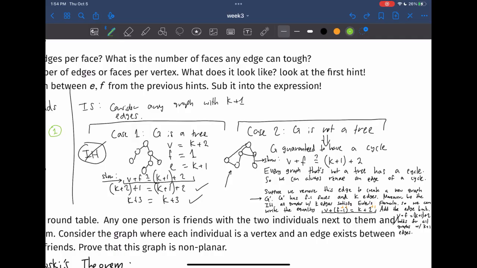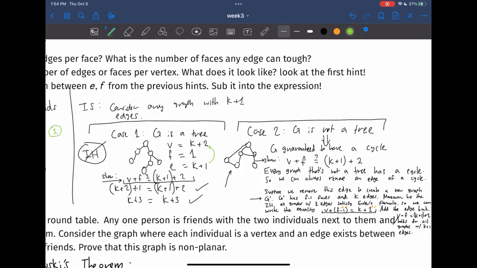And so we can say that the number of vertices is still v. Trees only have one face, and the number of edges, in this case, is actually k plus 1. And because trees have a special relationship between vertices and edges, we can be more specific: the number of vertices is k plus 2.